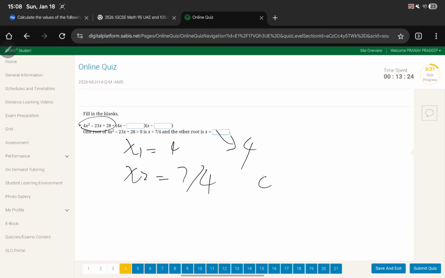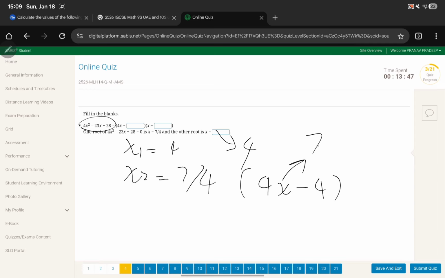If you take 4x minus, let's say 4, and we put the value of 4 here, you're going to get something else.